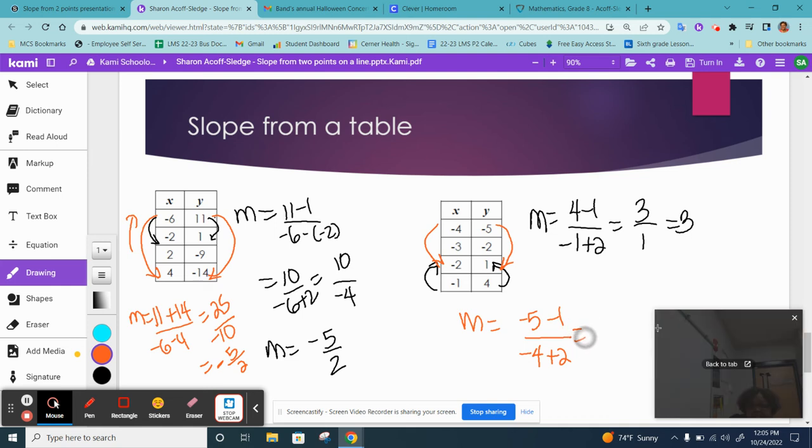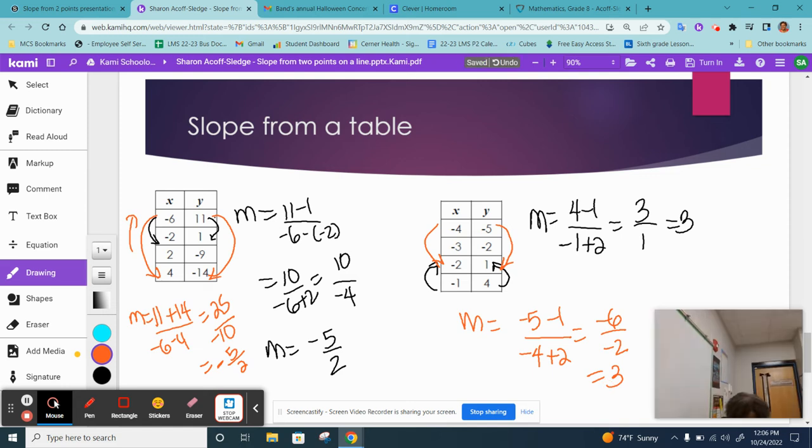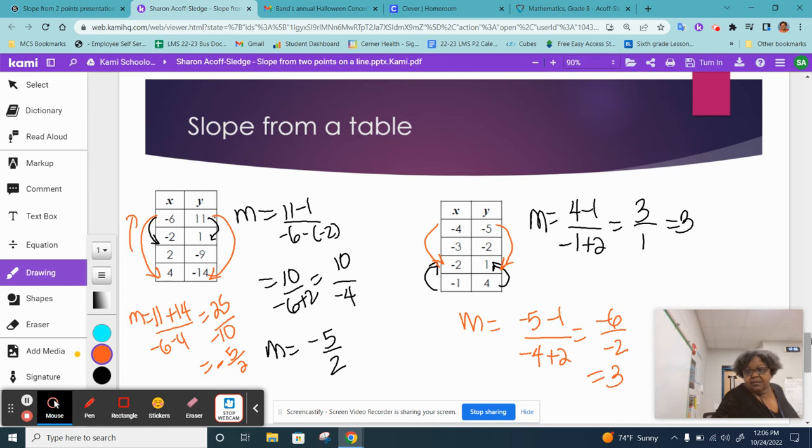So that's plus. And this is a negative 6 over a negative 2. And that simplifies to a positive 3. So it does not matter which 2 I choose off of my table. It's still going to give me the same answer. Okay.